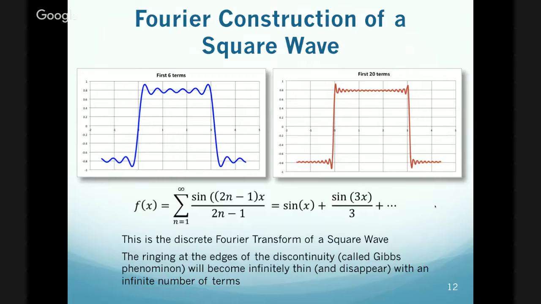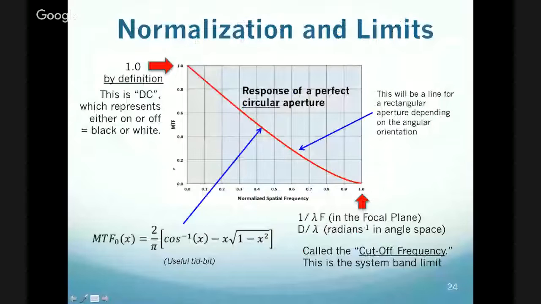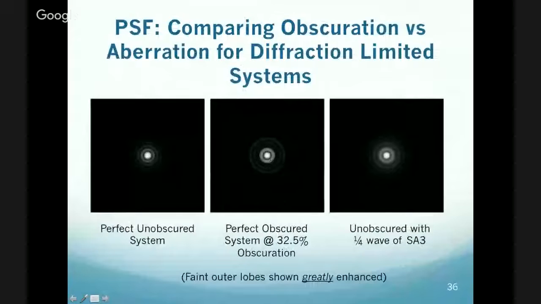So, for the increase due to the obscuration, I tried to look at that in terms of the PSF. If we go back down and I can find that real quickly here, for the obscured system, and it's a little hard to tell, but this central peak is a little bit smaller than for an unobscured system. Keep in mind, I've normalized things here to make these lower lobes more visible.